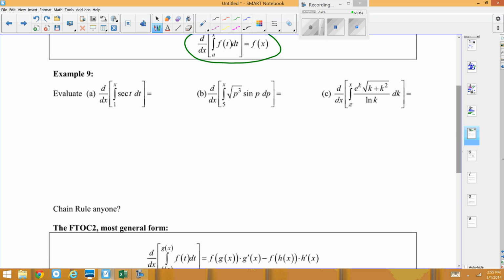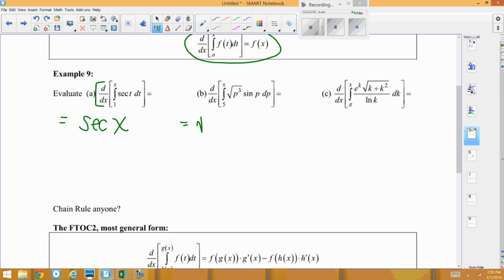The hard way would be to integrate that and then take the derivative. The easy way would just be to replace, since we're taking the derivative and we're integrating, we're going to end up with the secant of x. That's it.